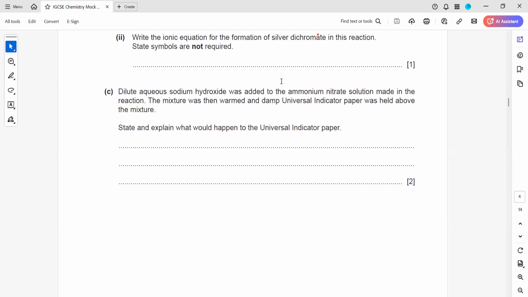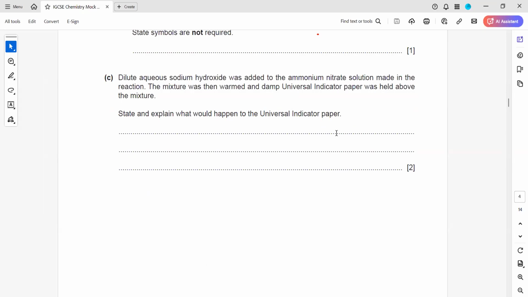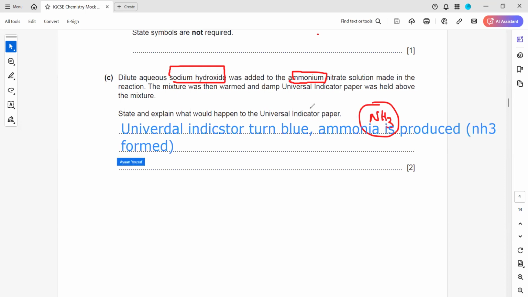In the question, the dilute sodium hydroxide is added to ammonium nitrate solution made in the reaction. The mixture was then warmed and a universal indicator is added. Whenever we have any ammonium salt and we add an alkali, it will always release ammonia gas. And what is the characteristic of the ammonia gas? Ammonia is an alkaline gas, so universal indicator turned blue because ammonia produced is alkaline.